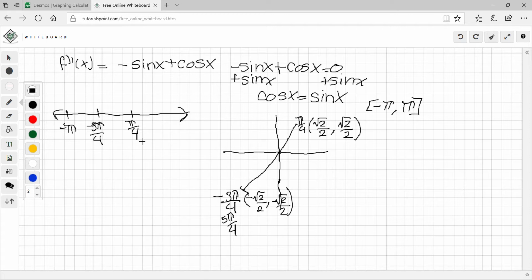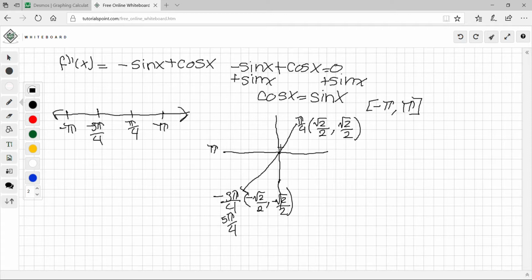And then our next one is pi. We don't need to know the right side of this because we have boundaries from negative infinity to positive infinity. So we just need these boundaries. So I need a number from pi fourth to pi. Pi is right here.